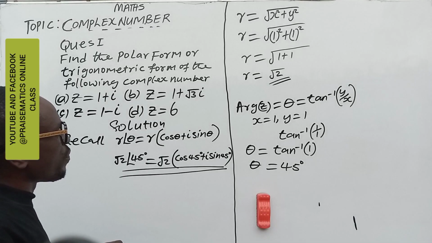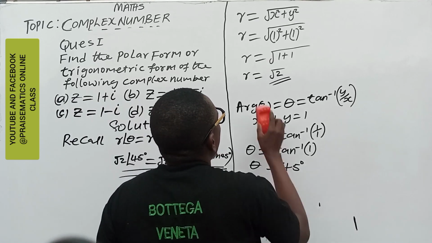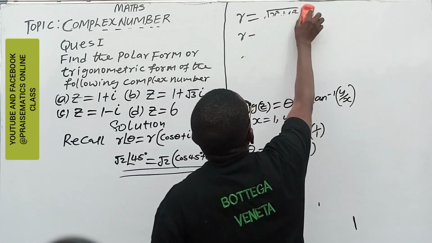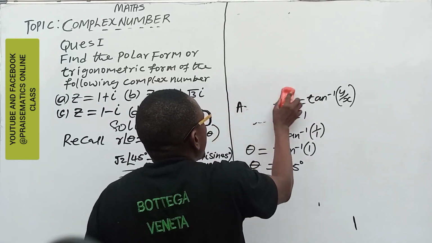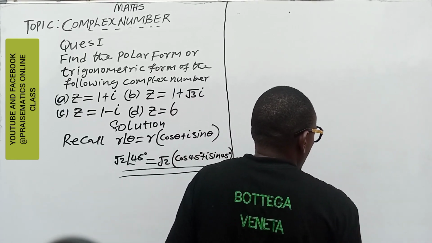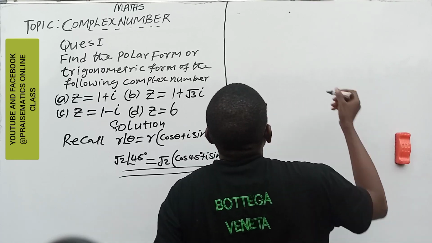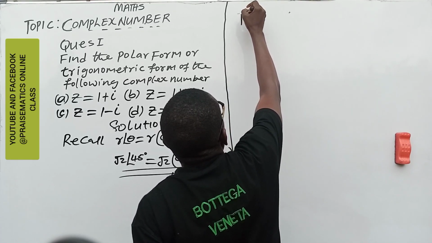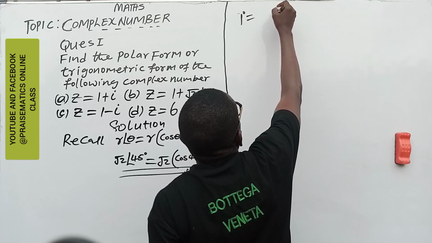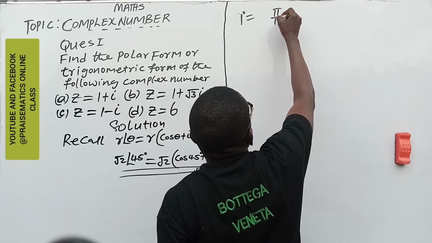Sometimes they will say leave your answer in radians. If they say leave your answer in radians, we are going to leave our answer in radian form. How do we do that? Always remember that 1 degree is equal to pi over 180.